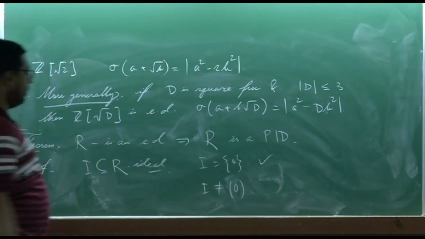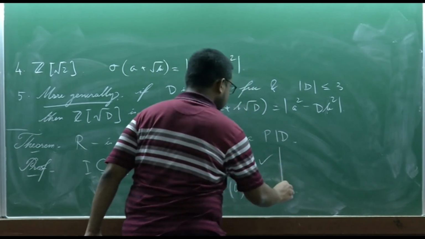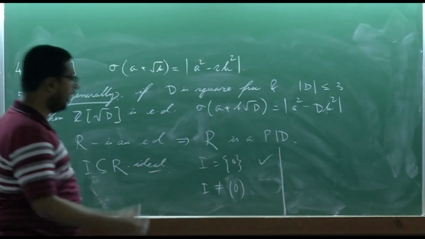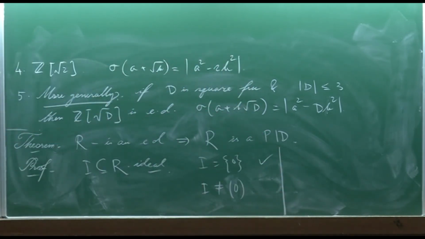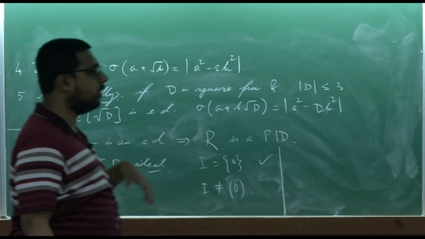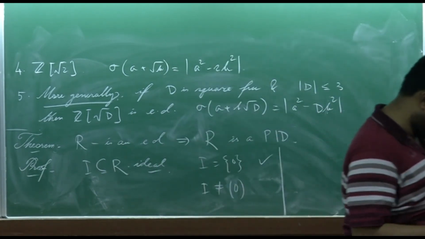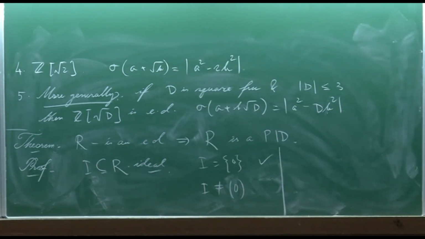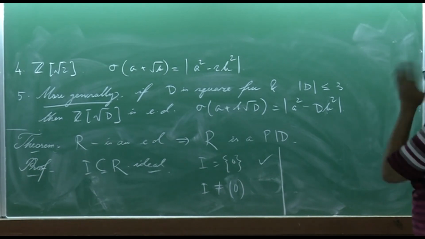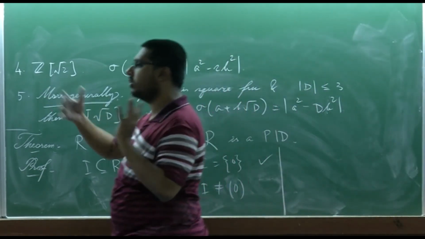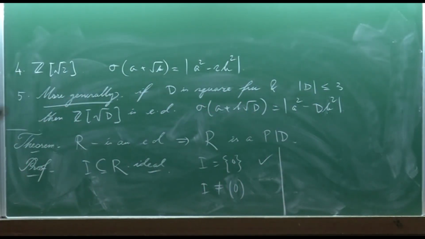Before writing down the proof, let me tell you the idea. You can remember the proofs of the facts that in both Z and polynomial rings, every ideal is principal.